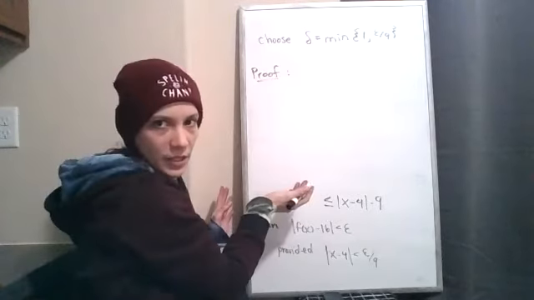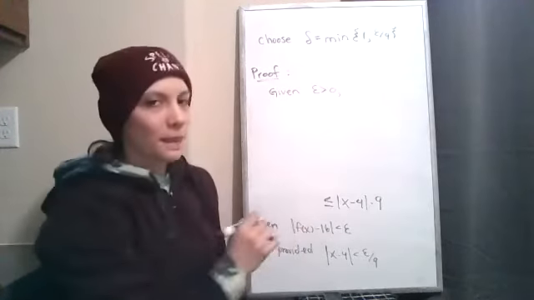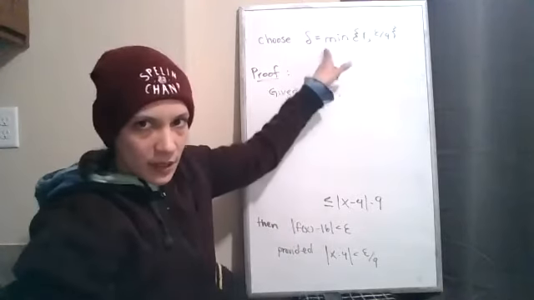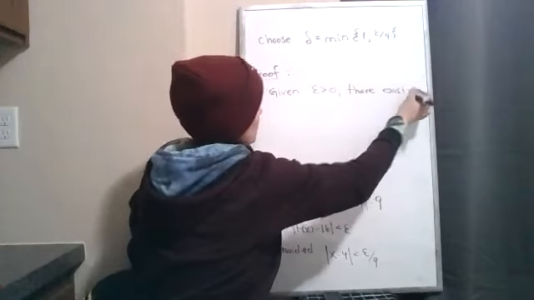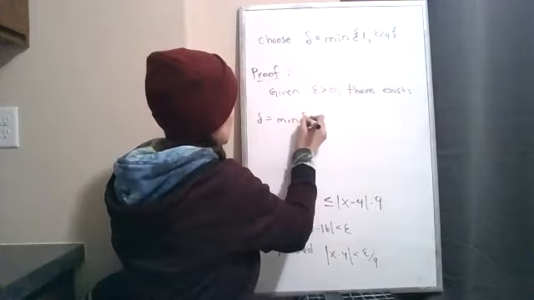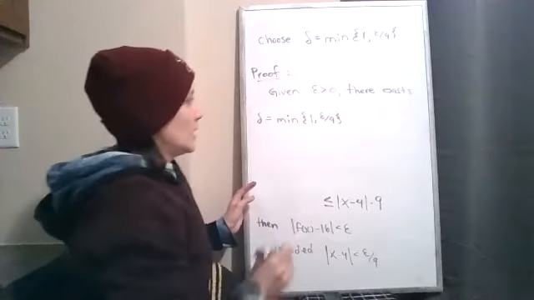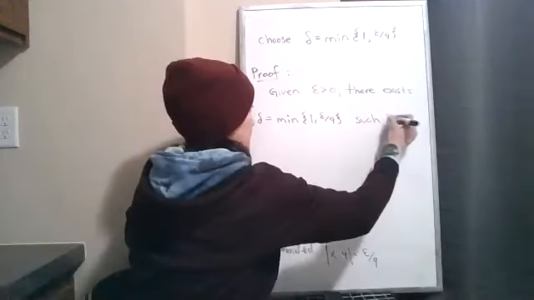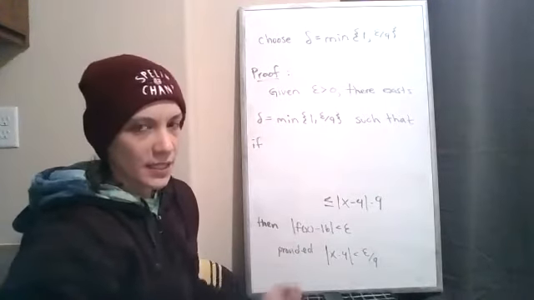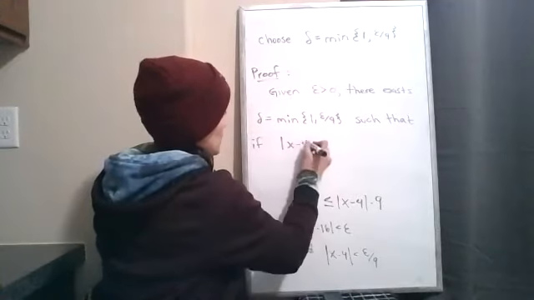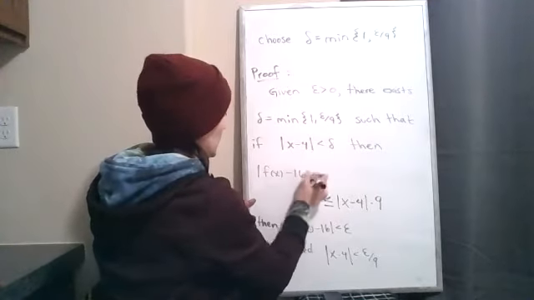Okay, so we start given epsilon greater than 0. There exists delta equal to the min of 1 and epsilon over 9, such that if the distance between x and 4 is less than delta, then distance between f of x and 16.